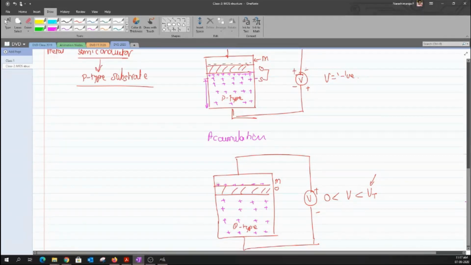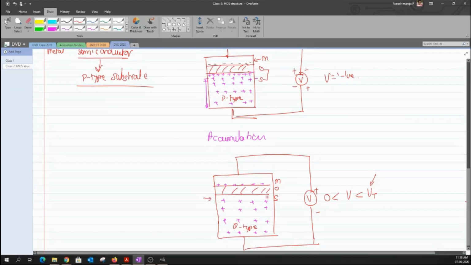Because I have a positive charge on the other side of the interface, the positive charges that were near the interface between the oxide and the semiconductor would then be pushed off. There is a repelling of positive charges away from this oxide semiconductor interface.